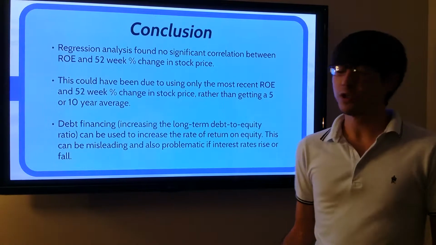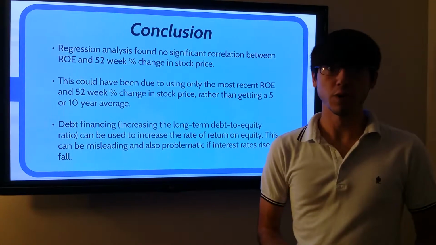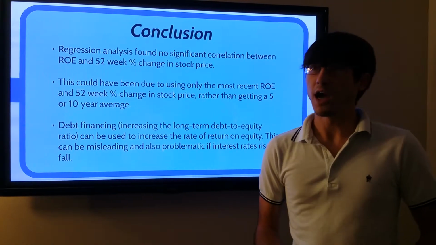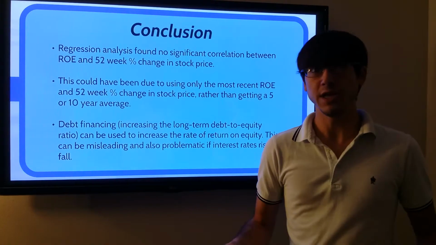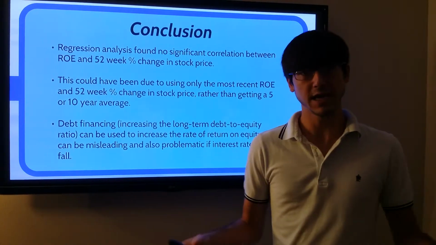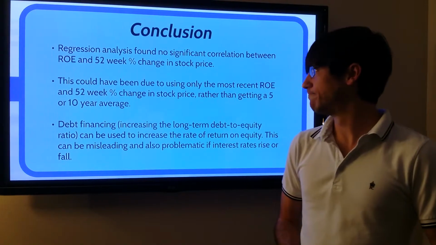This could have been due to only using the most recent ROE figure and the most recent 52-week percentage change in stock price. Looking back, I could have looked at maybe the past 3 years, past 5, past 10 years, and taken an average of that. But hindsight's always 20/20.